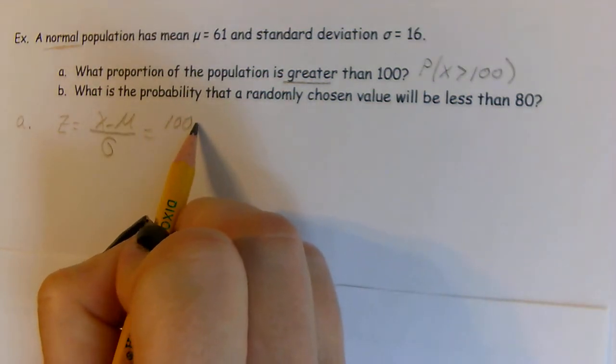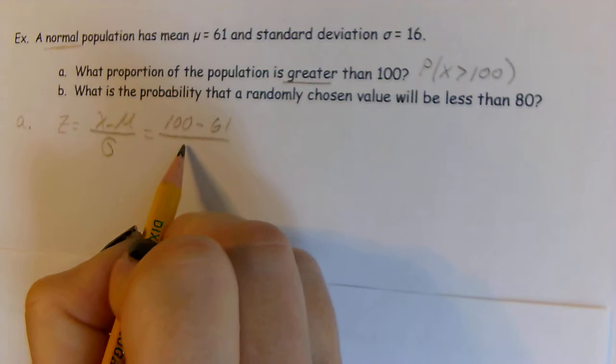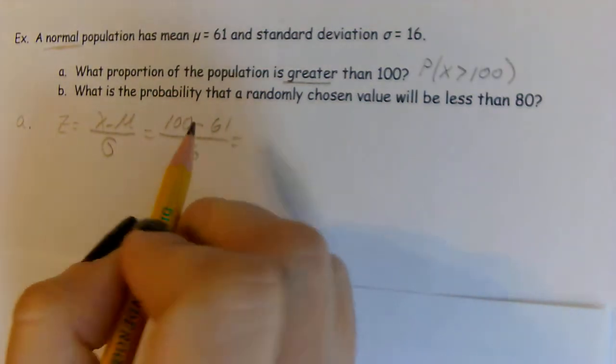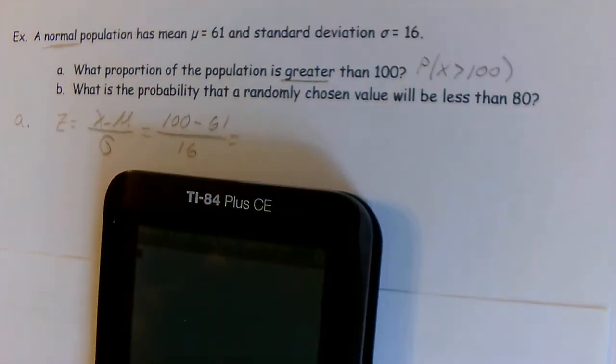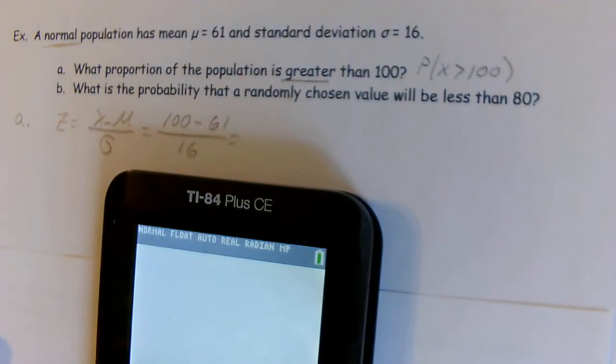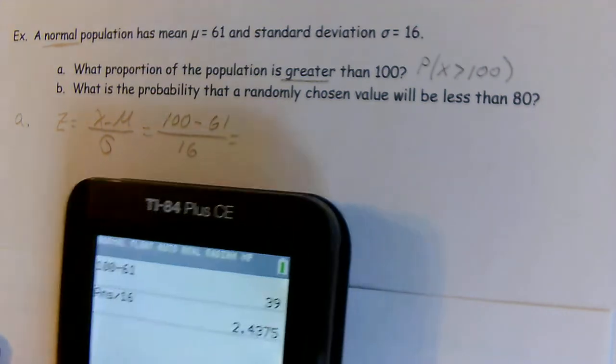So my x is 100, my mean is 61, my standard deviation is 16. I'm going to get my numerator, divide by my denominator.